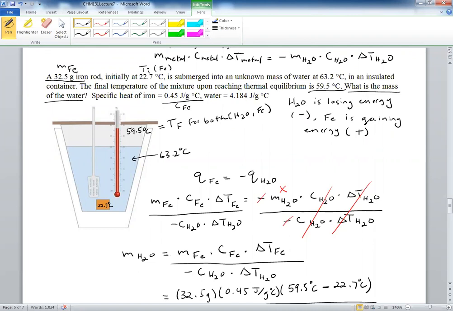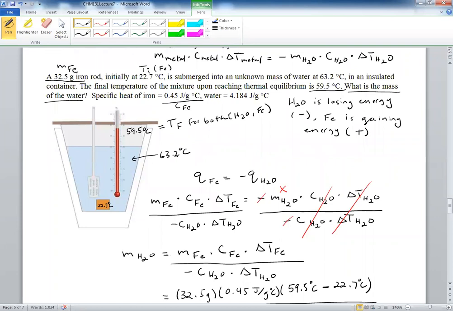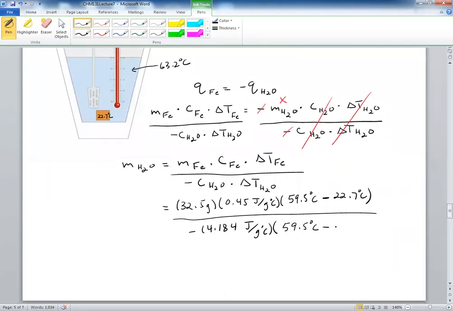And the change in temperature is, once again, final for both, so it's 59.5 minus the initial Ti of H2O, 63.2. And yes, this is why we need the negative sign, to cancel out the negative that you get from this calculation.